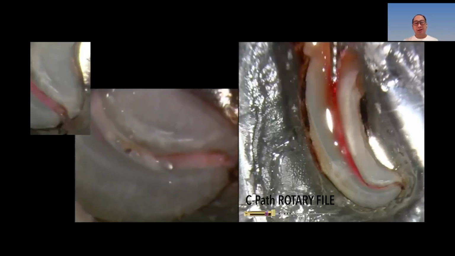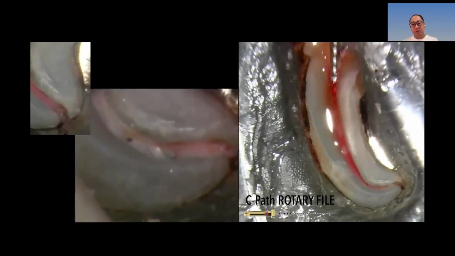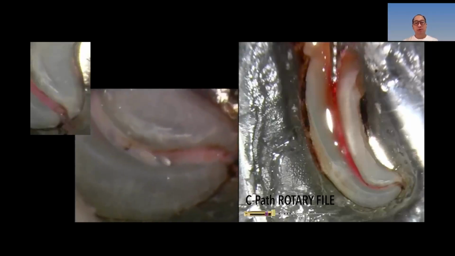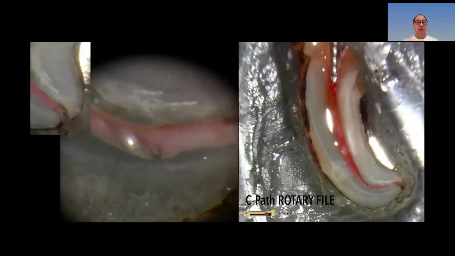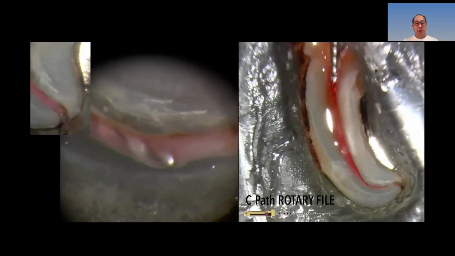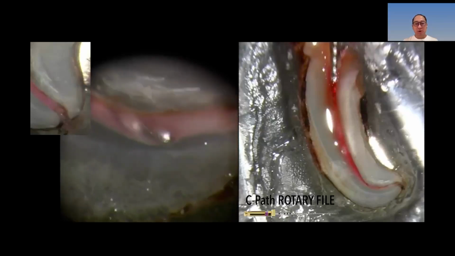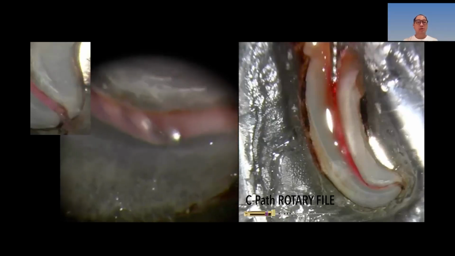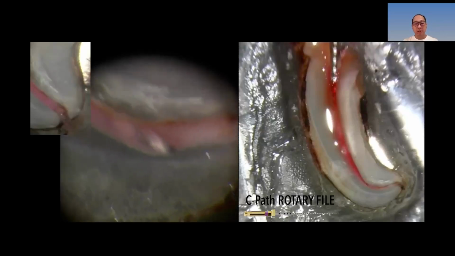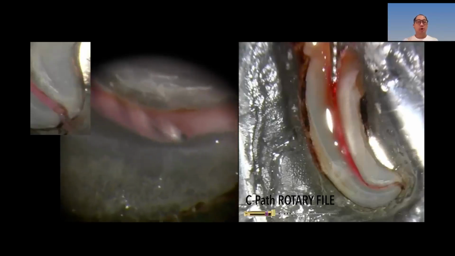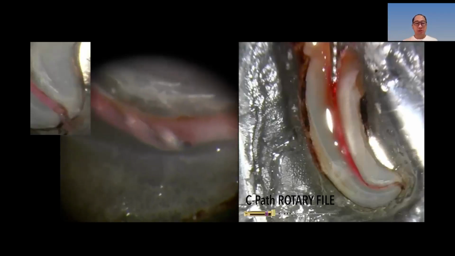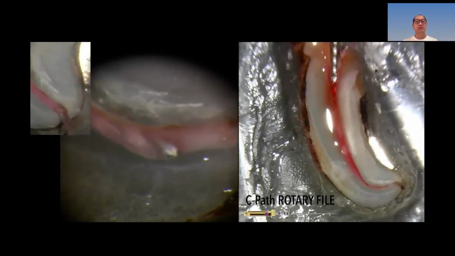That's why it cannot go smoothly and effortlessly into the apical part, because of the stiffness and the sharp curvature. If you try to use this, you will create an elbow, and once you create an elbow, it's very difficult to go back into the canal again. You need to pre-curve the file, and go down one size smaller until it can be bypassed.